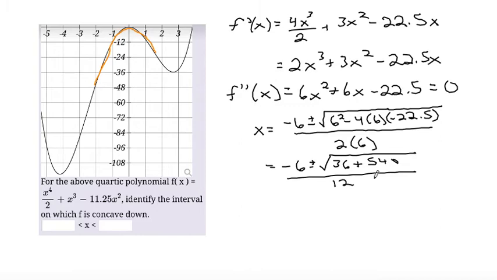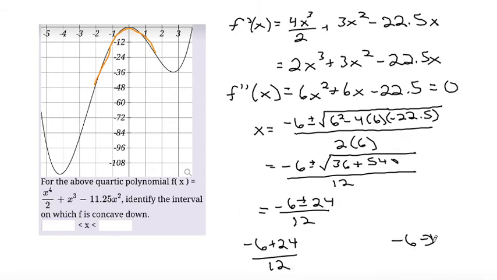Let's check and see if that is a perfect square. It is, it's 24. So that makes negative 6 plus or minus 24 over 12. Let's split this up into our two options. So we have negative 6 plus 24 over 12 and negative 6 minus 24 over 12.